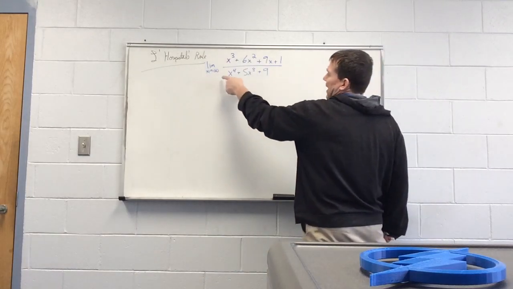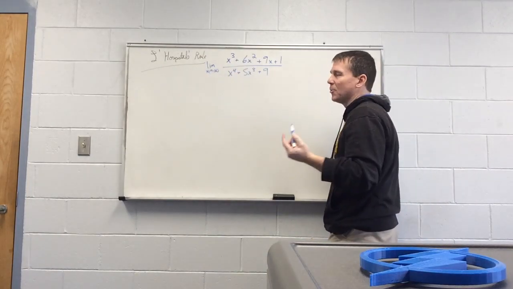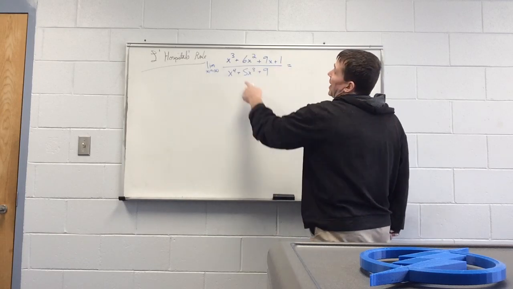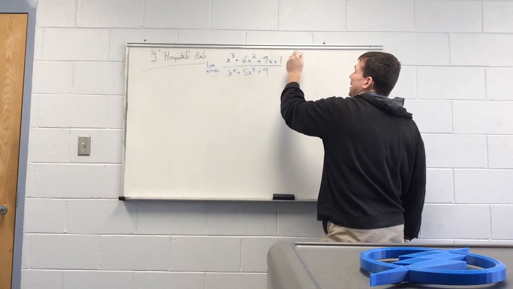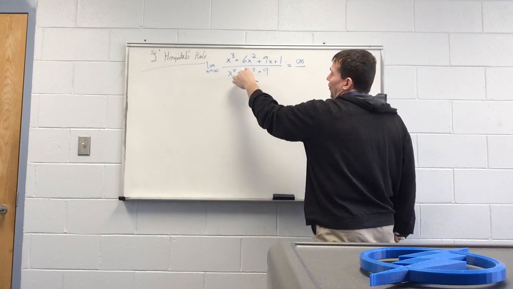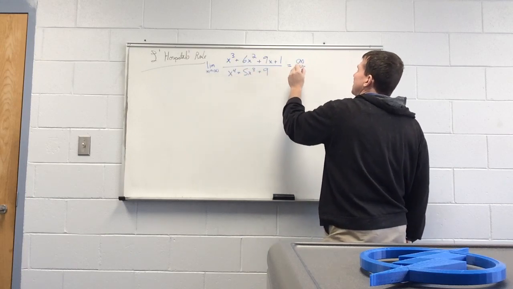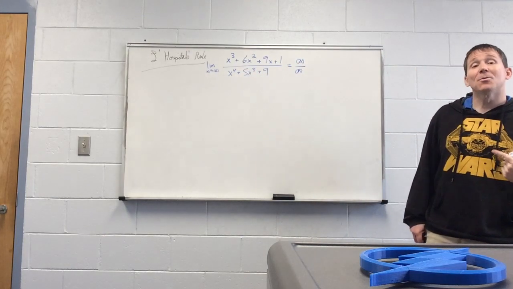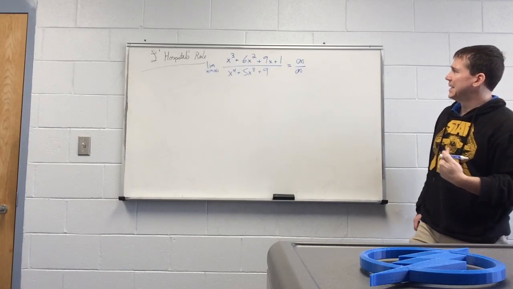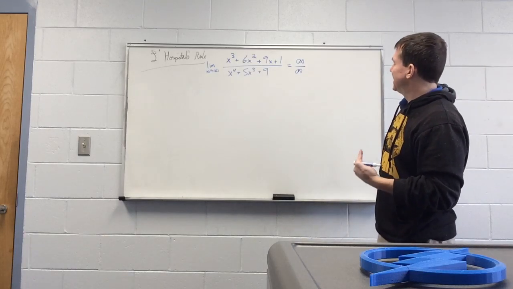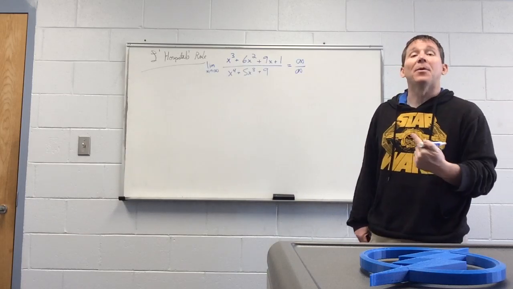If I just plug in x equal to infinity, it's not a number, but we can still use it as an idea. I get infinity plus infinity plus infinity plus 1, that's infinity, over infinity plus 9, which is infinity. And I get another one of my indeterminate forms. And then I have to figure out what to do.